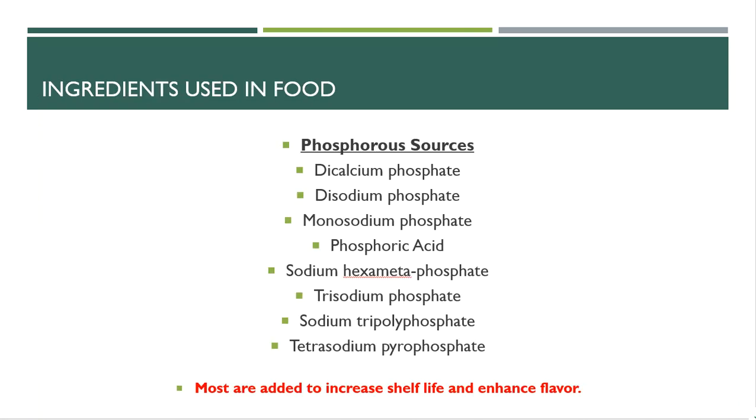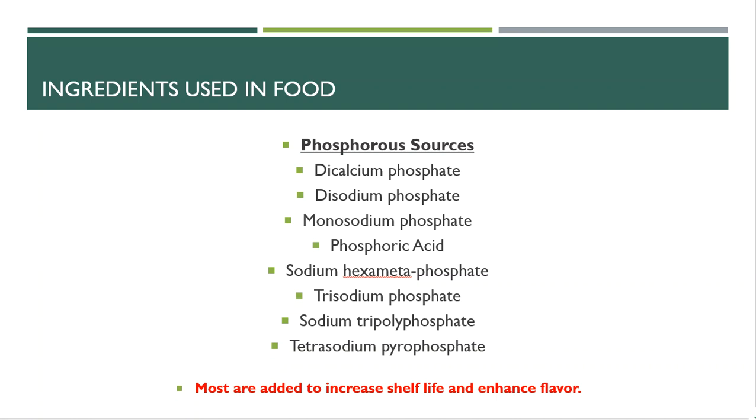Well, what are these typical phosphate or phosphorus containing compounds? You're seeing them on your screen right now. Just going to go through and kind of rattle them off. The phosphorus sources that are typically found in food items to you as a consumer will include dicalcium phosphate, disodium phosphate, monosodium phosphate, phosphoric acid, sodium hexametaphosphate, trisodium phosphate, sodium tripolyphosphate, and tetrasodium pyrophosphate.